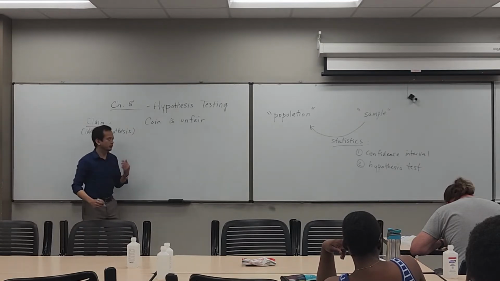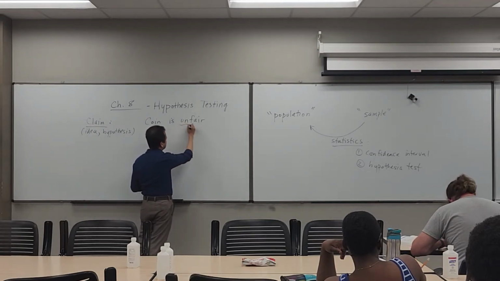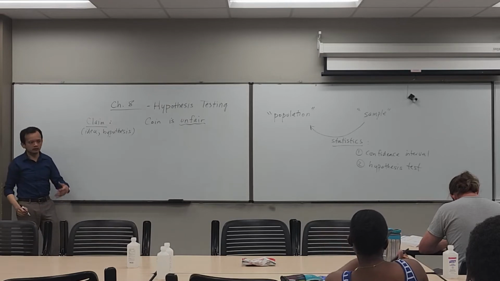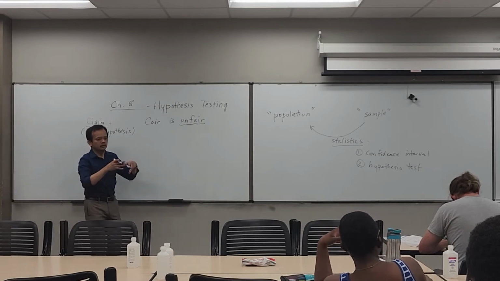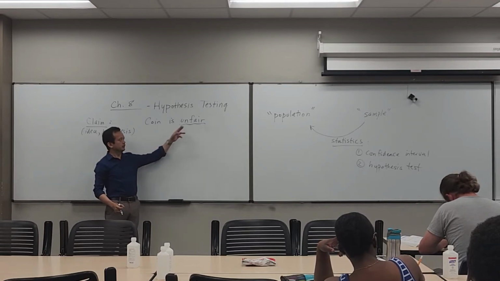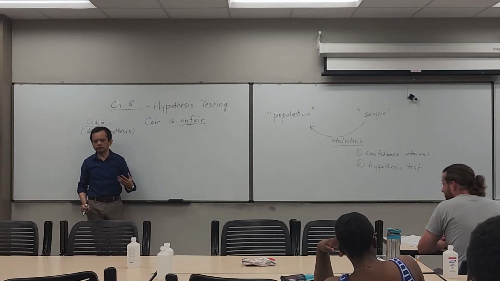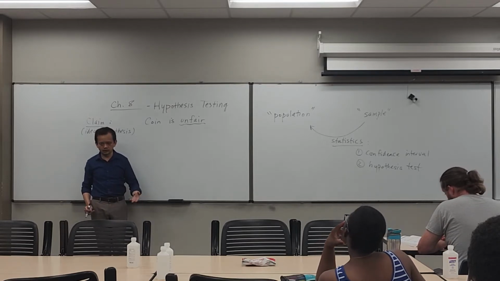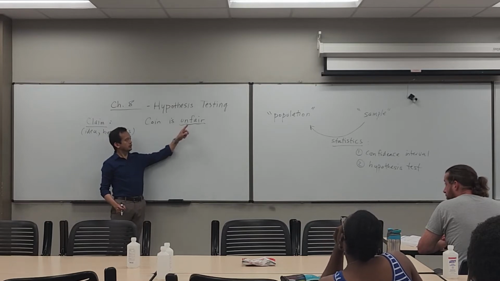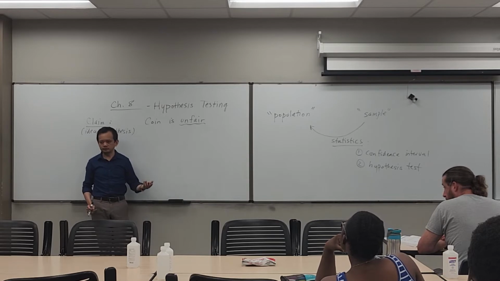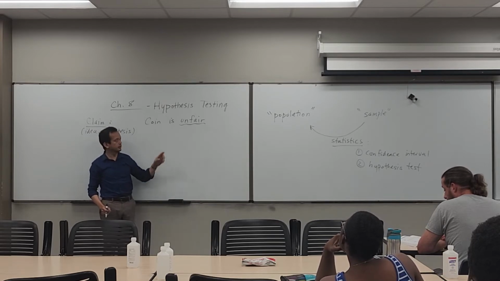So when we say that the coin is unfair, what we mean is that it's unfair in the long run. It's unfair in the context of the population of all possible coin flips. For example, if you were able to flip the coin a number of times approaching infinity, like 1 billion times or even 1 trillion times, then if the coin is unfair, you would not get exactly 50% heads in the long run.